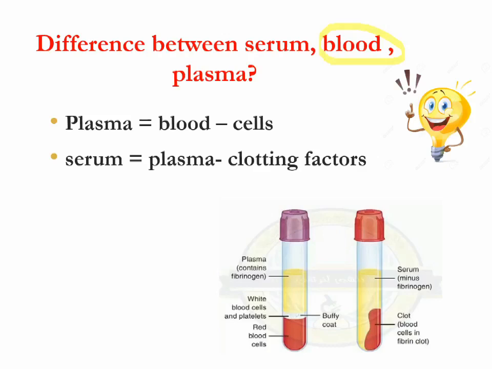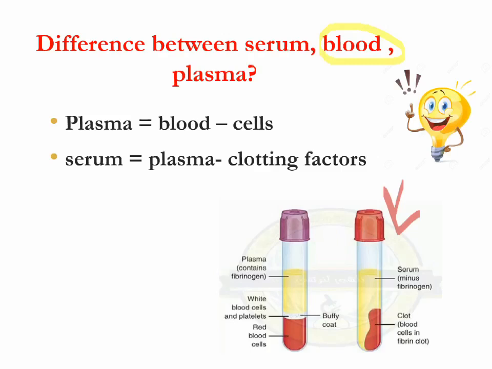So in your lab, how are you going to obtain the serum in order to perform the serological tests? Simply, you're going to take a blood sample from the patient and put it in a test tube like this one, and then leave it to stand for about 30 minutes. And what's going to happen?